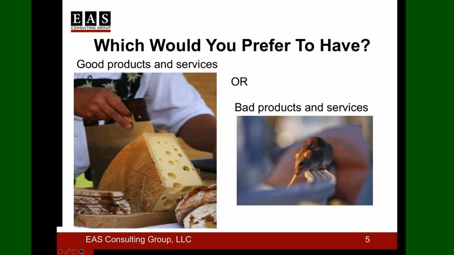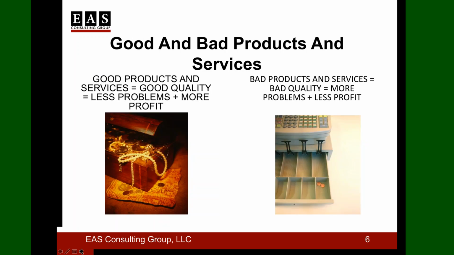So I'm going to first talk about quality systems very generically. Again, there are good and bad products and services. If you have a good product and good service, that means you have wonderful quality, fewer problems to fix, and more money because you don't have to spend money and resources, people, and consultants like myself to come in and help you fix them.